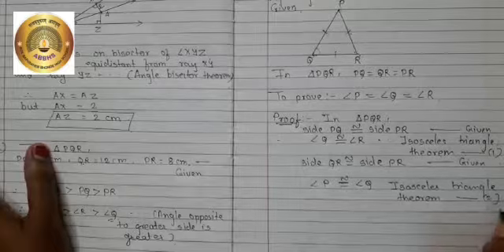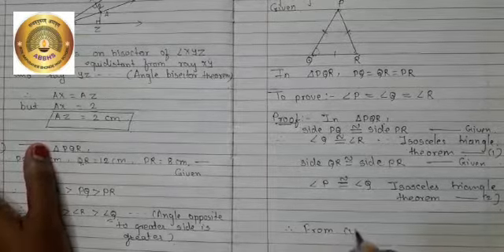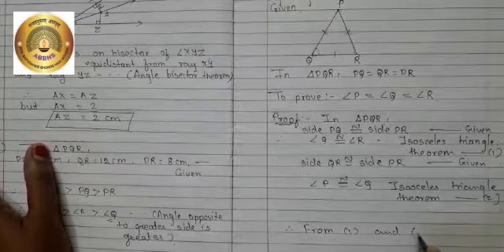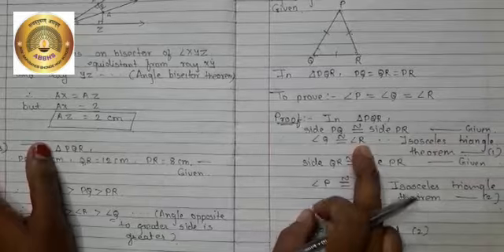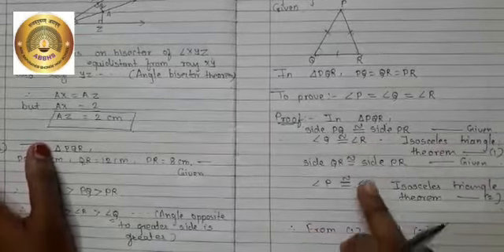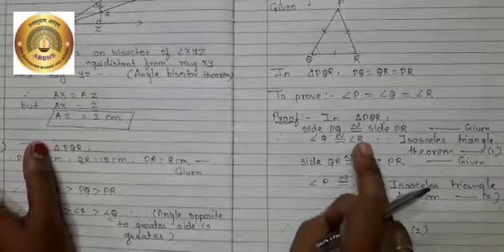This is 2. Therefore, from equation 1 and 2, Q and R is congruent, P and Q is congruent. So this Q is common. So we can say P is congruent to Q is congruent to R.